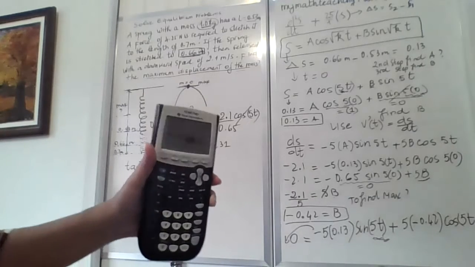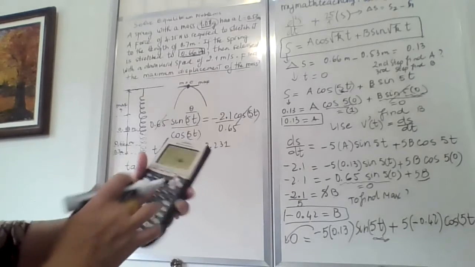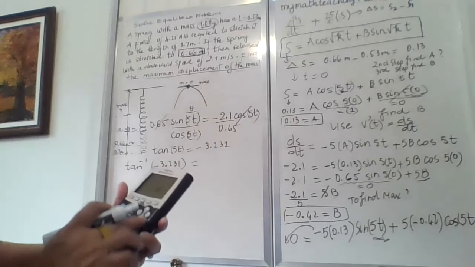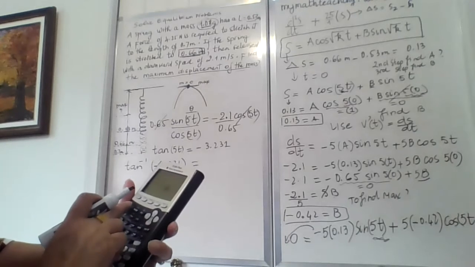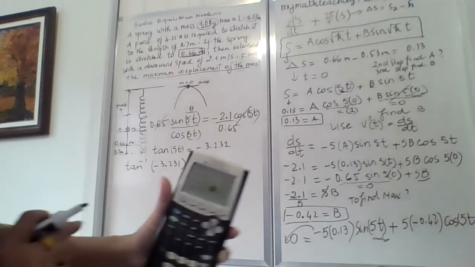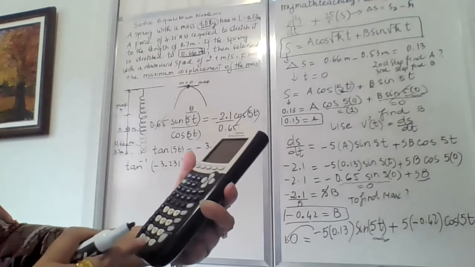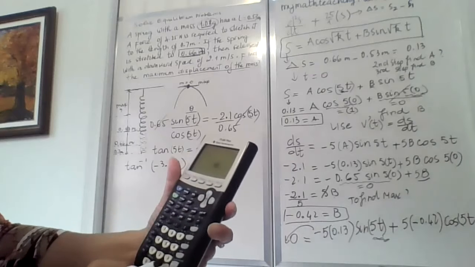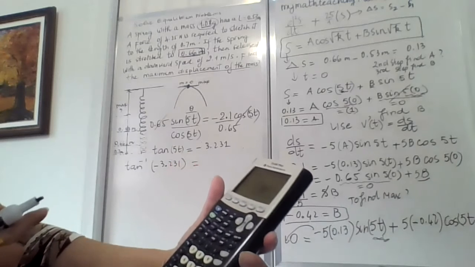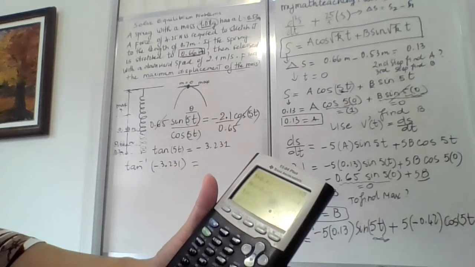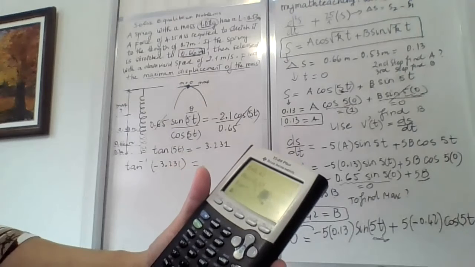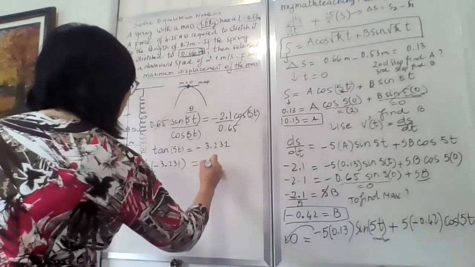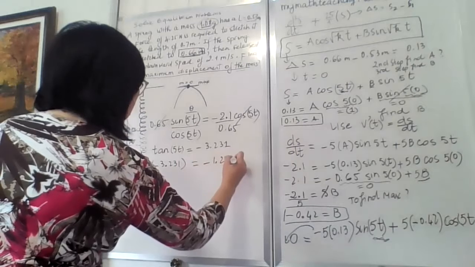Make sure you put your mode in radian when you do this type of thing. So I hit second tan, key in minus 3.231, and enter. So the angle phi t is minus 1.27.